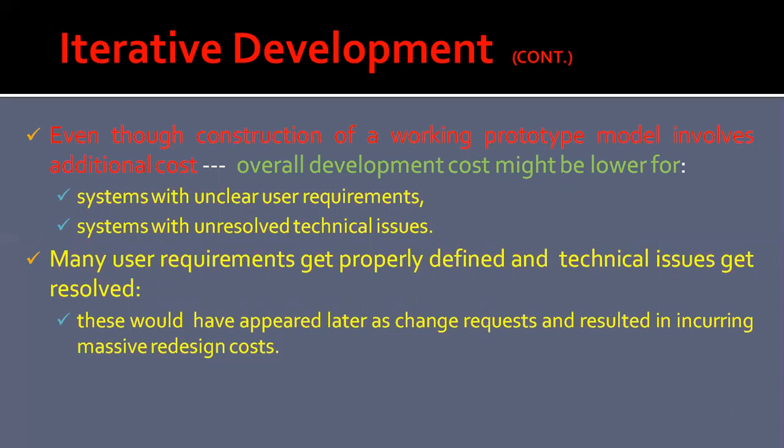By constructing the prototype and submitting it for user evaluation, many customer requirements get properly defined and the technical issues get resolved by experimenting with the prototype. This minimizes later change requests from the customer and the associated redesign costs. That is the important thing we have to understand.